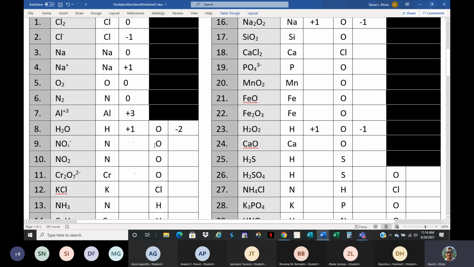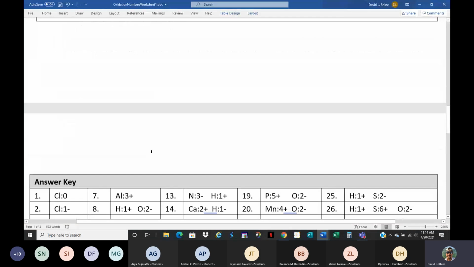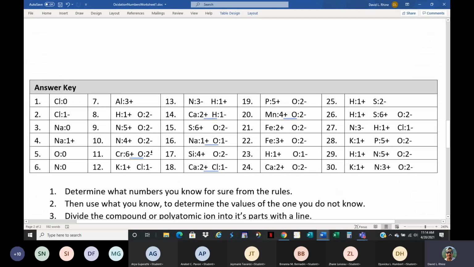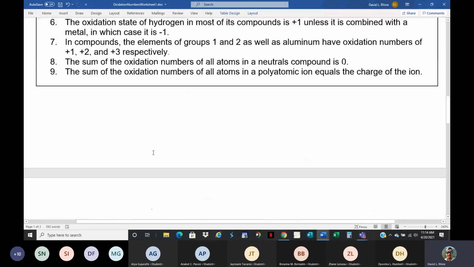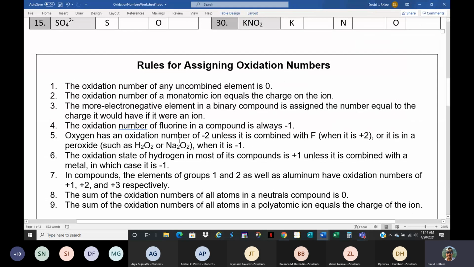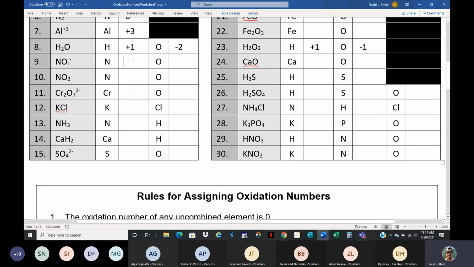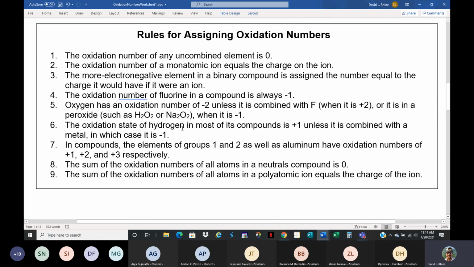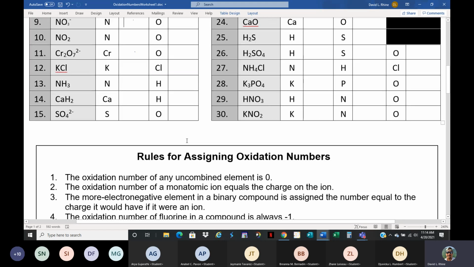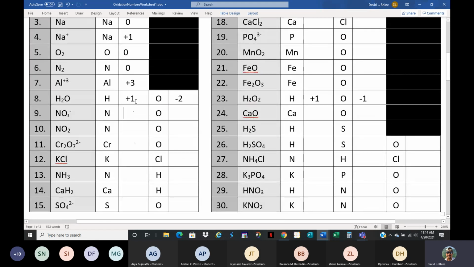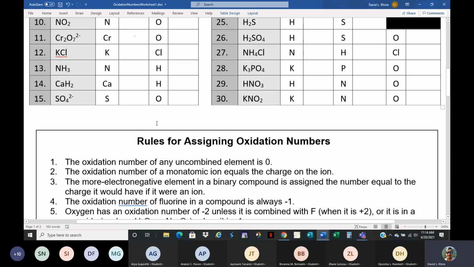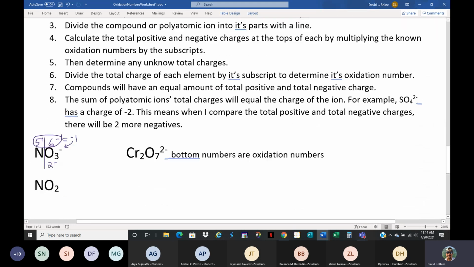But we can go down to it, because the rules say oxygen is -2 unless it's with fluorine or in a peroxide. This is not a peroxide, not fluorine, so we know oxygen is 2-. Rule 6 says hydrogen in most compounds is +1 unless it's with a metal. It's not with a metal, so it's +1. So boom, we're done. However, we can go through this split-it-up process just fine with this.